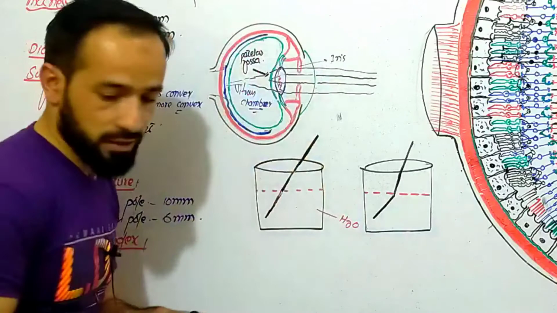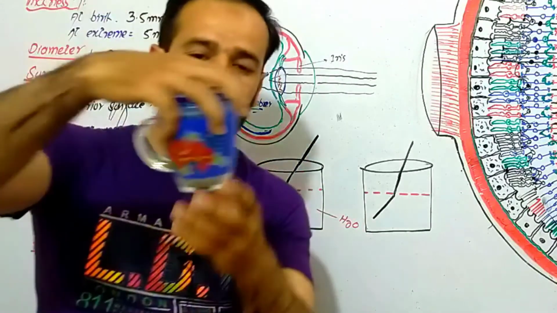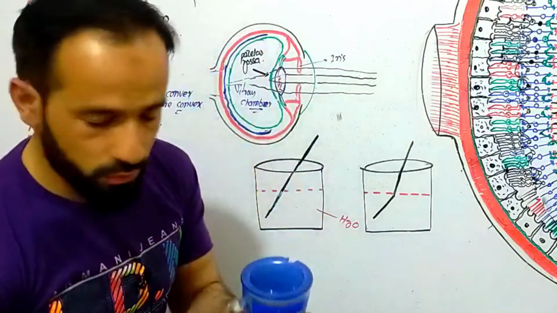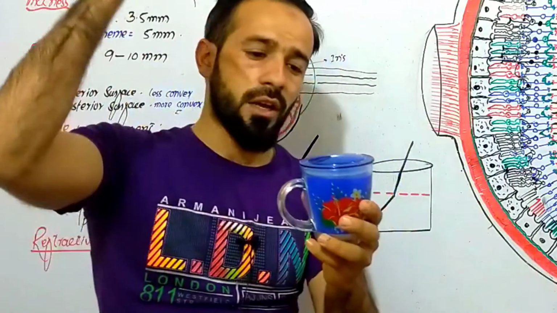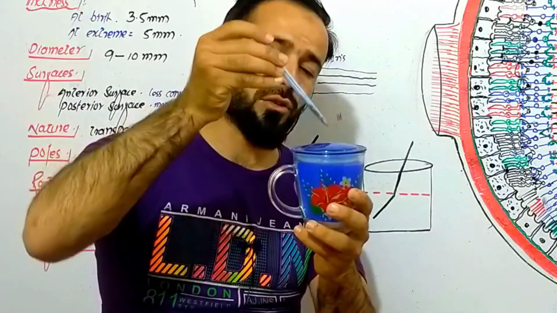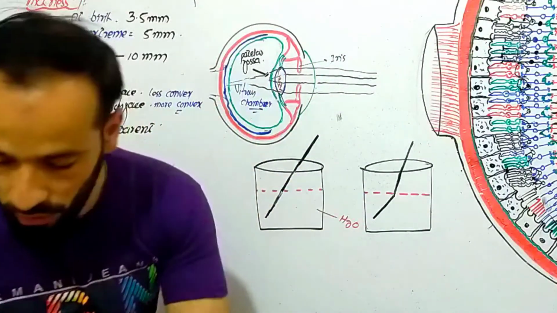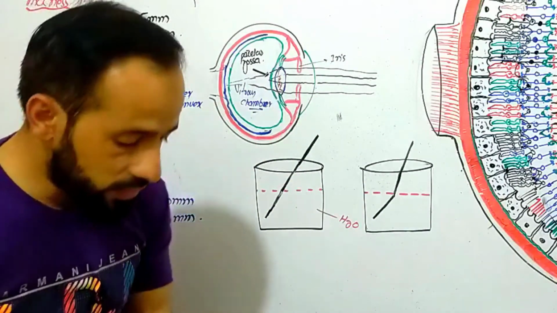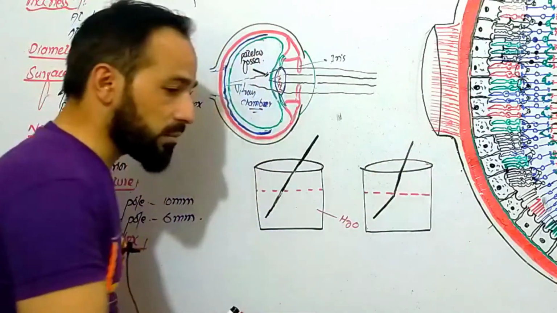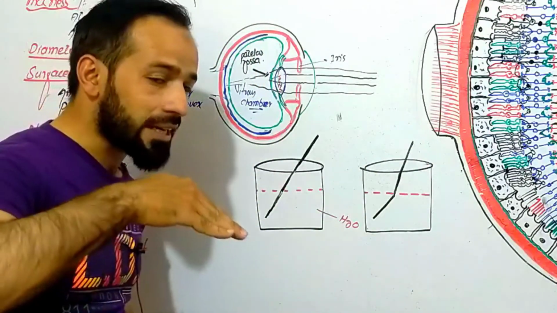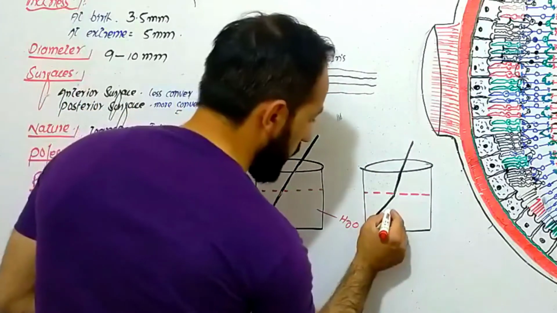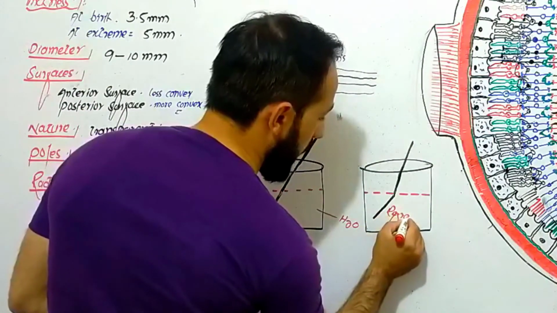It will be seen like this. So if you dip your pen in a cup of water, it will look a little bit curved like this. Why? Because whenever you enter from one medium into another medium, there is refraction, right? This is refraction.